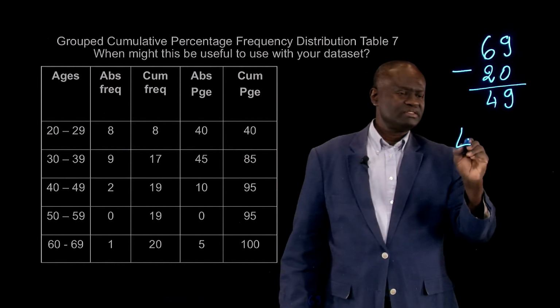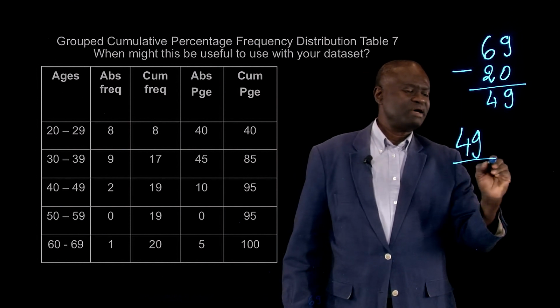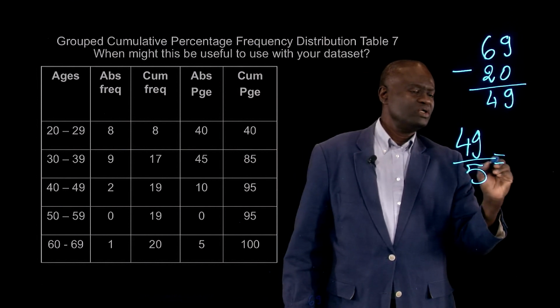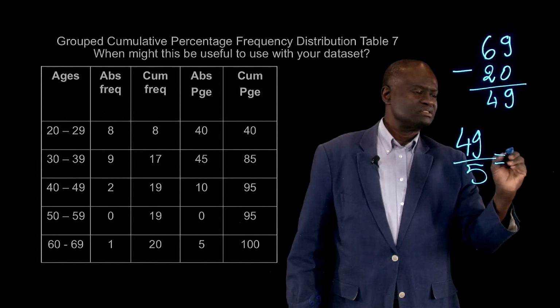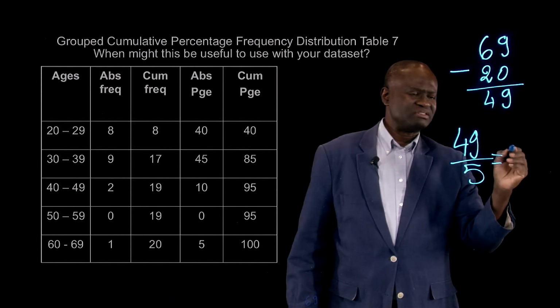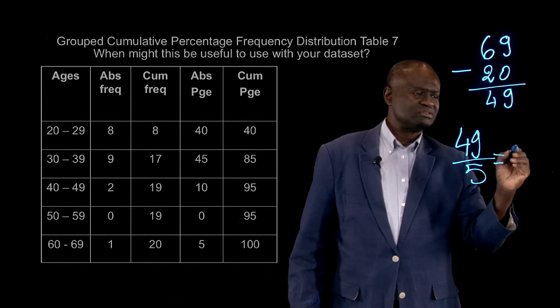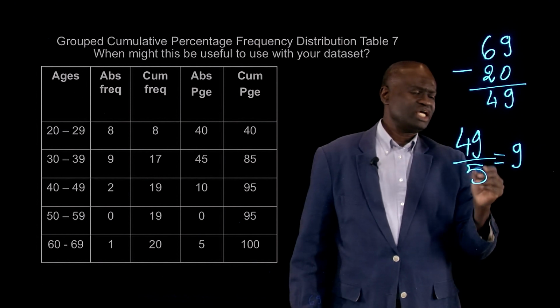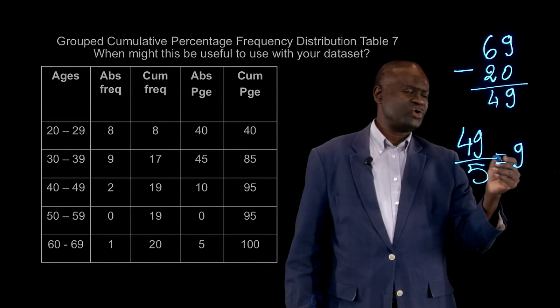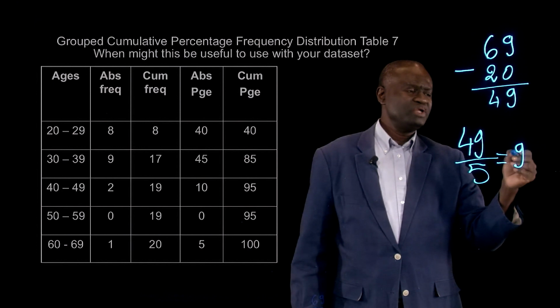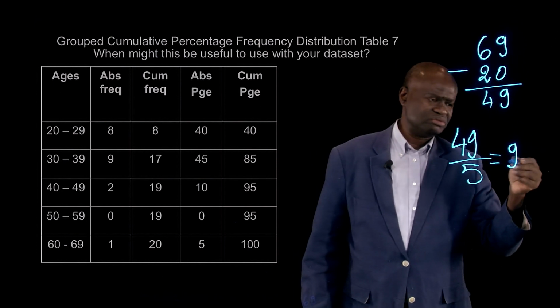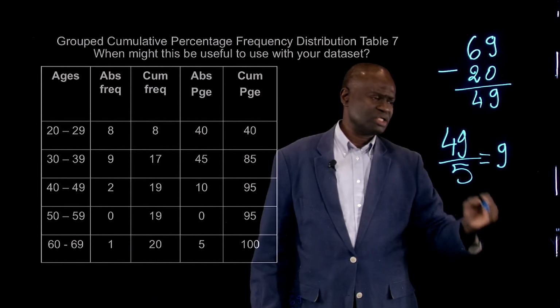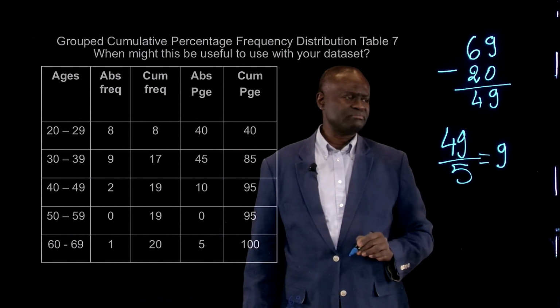So 49 divided by 5 equals around 9. Around 9, 9.8. Yes, around 9, and there will be 4 left. So we can add them to the last one. So we keep just 9.